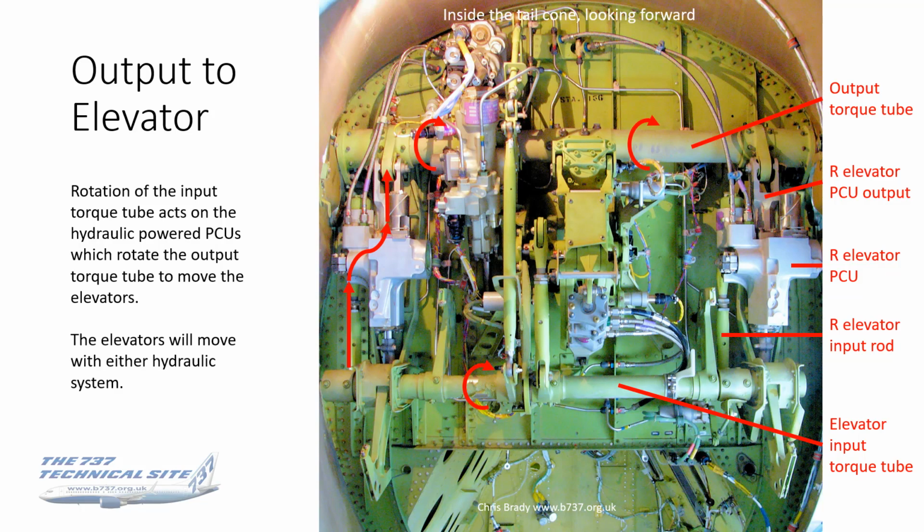They use hydraulic power to move the output torque tube, which rotates, and the elevators are attached to that output torque tube, and that rotates the elevators, causing them to move. Remember, the elevators will move with either hydraulic system. So if you've lost a hydraulic system, you've still got elevators from the remaining hydraulic system and the remaining PCU.